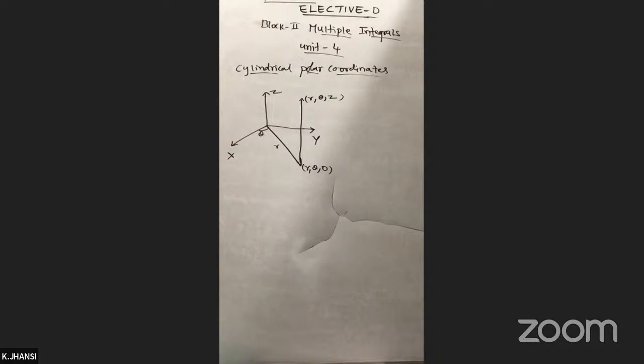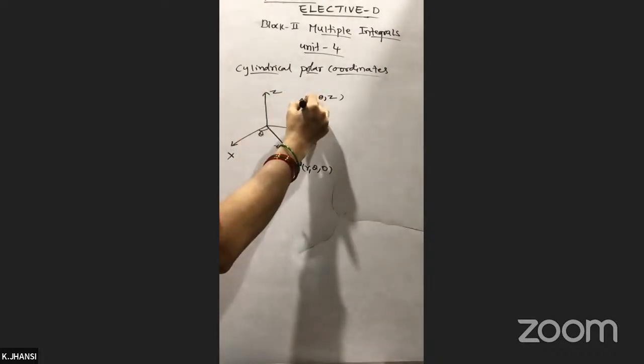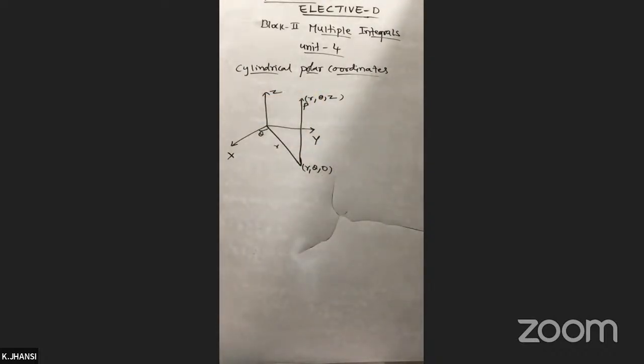This is the diagrammatic representation of the cylindrical polar coordinates. A point P in space is represented by an ordered triple, that is r comma theta comma z. r and theta are the polar coordinates of the projection of P on the xy plane, and z is the directed distance from the xy plane to P.